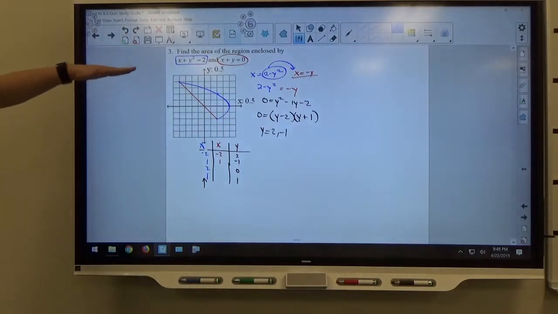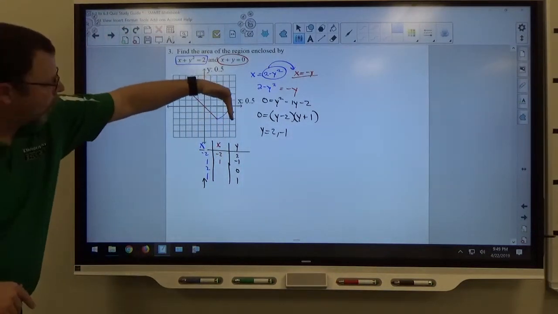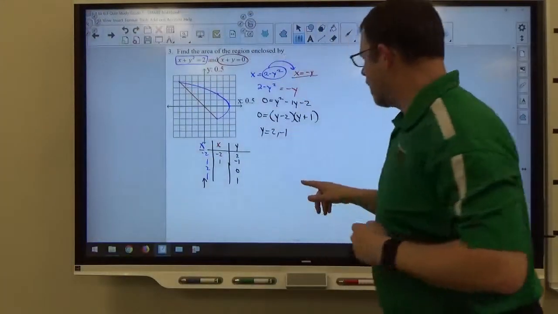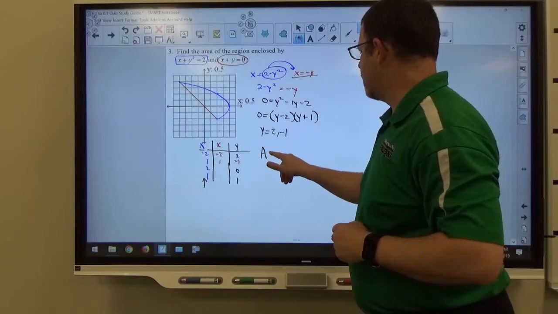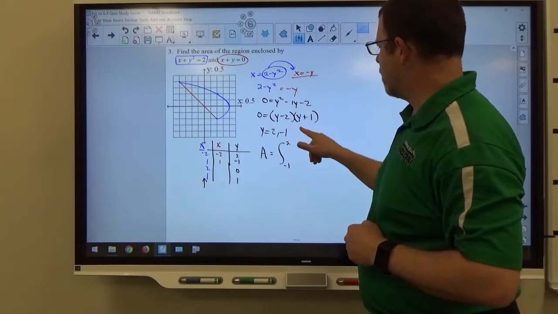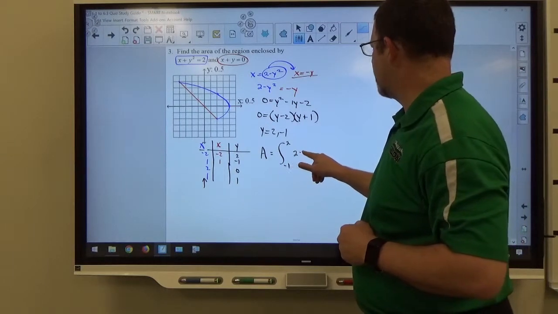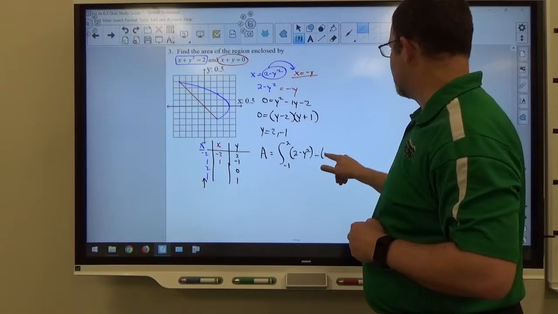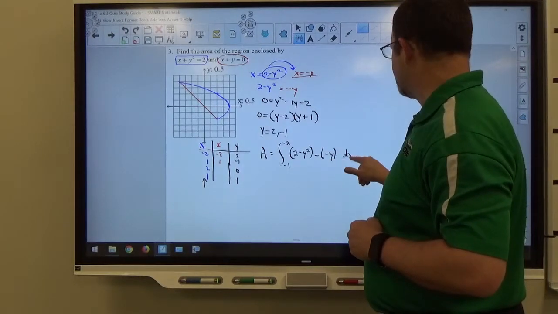And once again, we have that anticipated right minus left from low to high structure, so we can create the integral representing that. The area is going to be the integral from negative 1 to 2 of the rightmost function, which is 2 minus y squared, minus the leftmost function, which is negative y, dy.